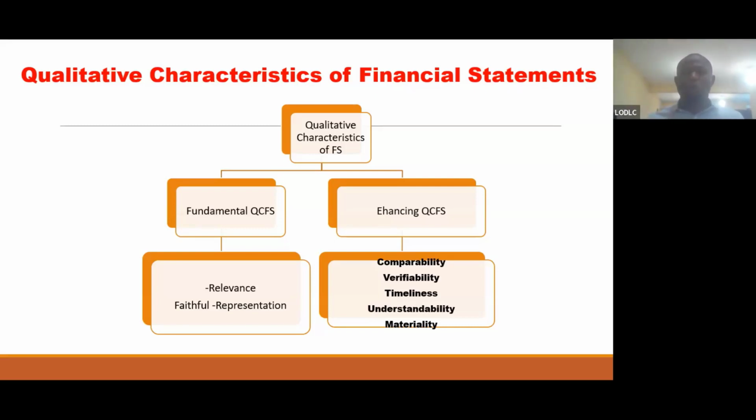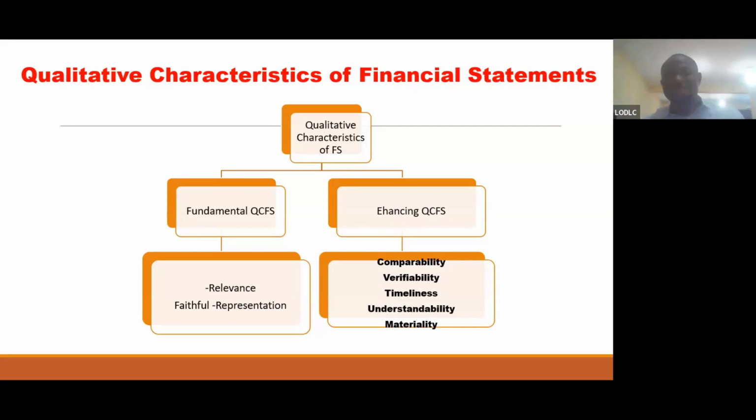When we are talking about fundamental qualitative characteristics of financial statements, we're talking about relevance and faithful representation. But when we are talking about enhancing qualitative characteristics, we'll be talking about comparability, timeliness, verifiability, materiality, and understandability.